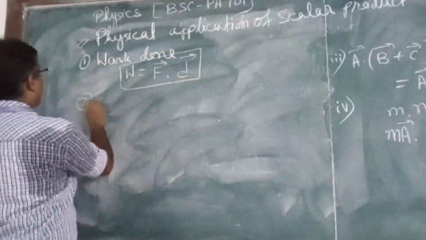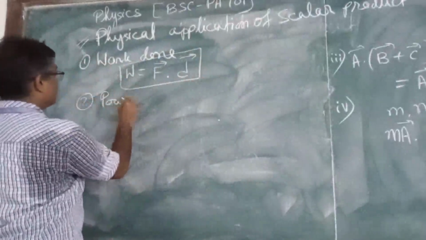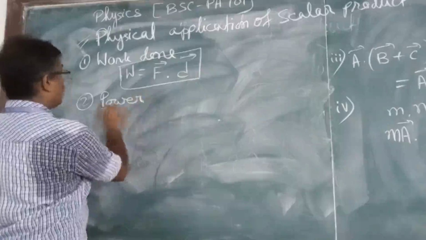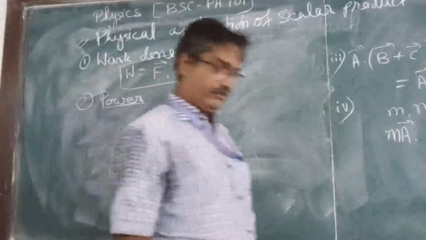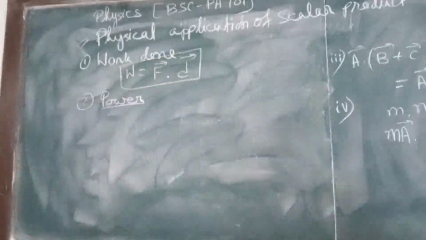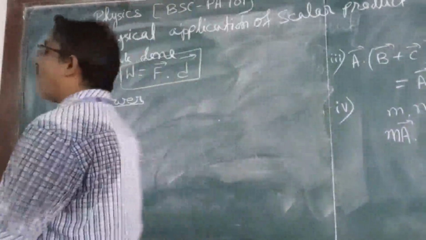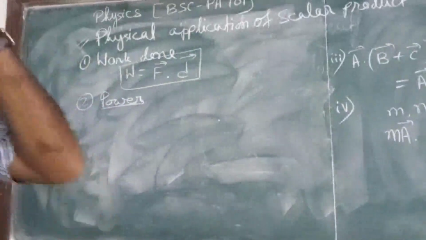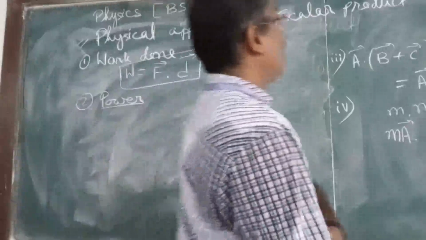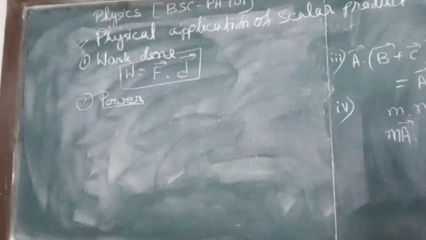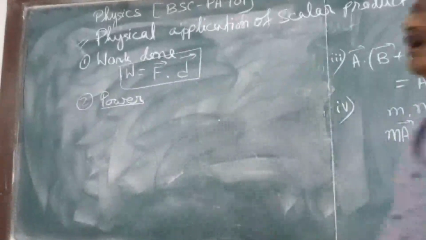Now, number two, power. What is power? Rate of work done. So the power is defined as rate of work done.